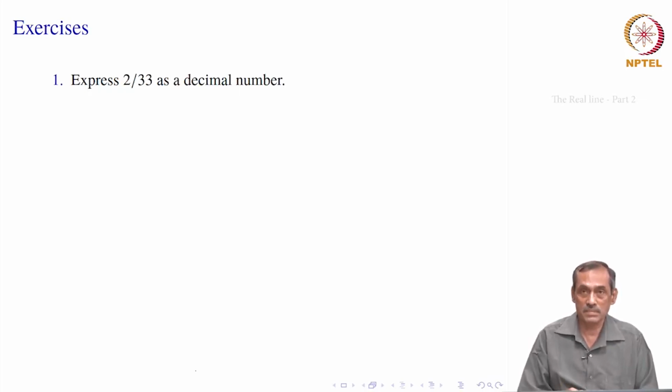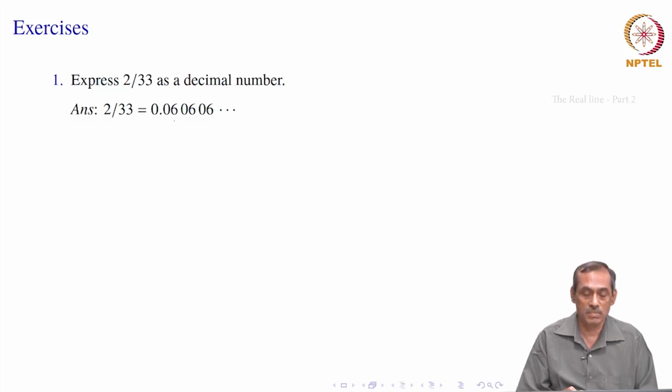You put 20 and start with 0 point in the result, then 20 by 33, that is not enough. So, you take another 0. Now you have 200, result will be 0.00. Now, 200 is bigger than 33. So, you can proceed, and that will give you 0.06, 06, 06 and so on.